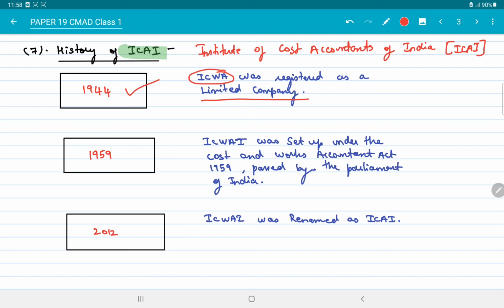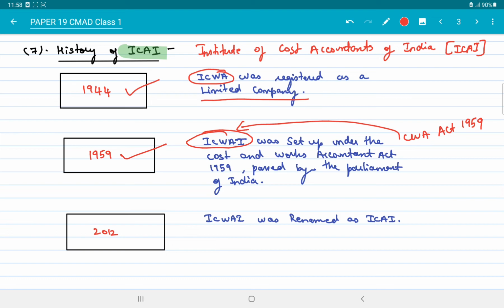Then in 1959 ICWAI was set up under the Cost and Works Accountants Act 1959, Institute of Cost and Works Accountants of India.